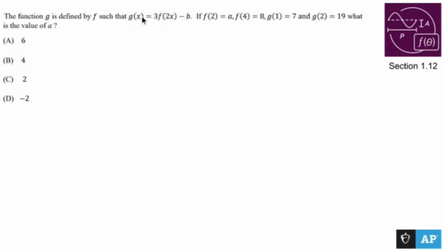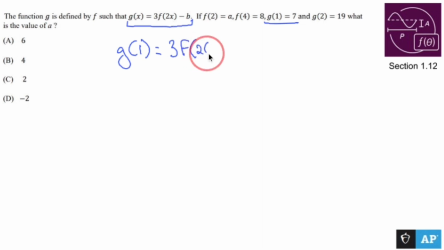I'm given g of x, and I'm told that f of 2 equals a, f of 4 equals 8, and g of 1 and g of 2. Let's find the things that I can find. Let's find out what g of 1 is. g of x is that guy right there, so g of 1 is going to be 3 times f of 2, replacing x with 1, minus b.